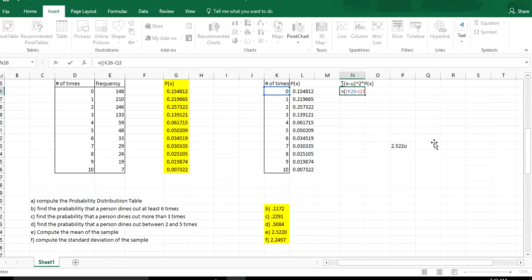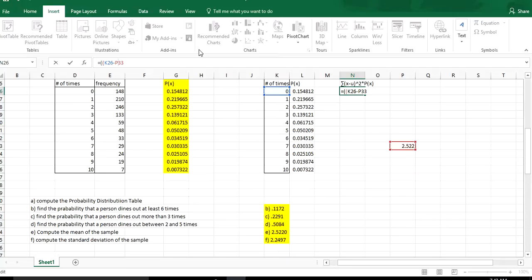Oops, sorry. I think I put the letter O instead of the number 0. Okay, there we go. Okay, one more time. So the X value minus the mean. Make sure to hold the mean.